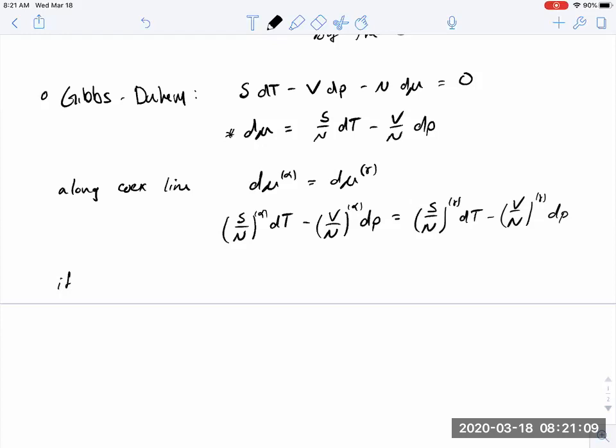If we define this little thing, the entropy per particle, as a little s, and the volume per particle as a little v, and we have them for each phase.